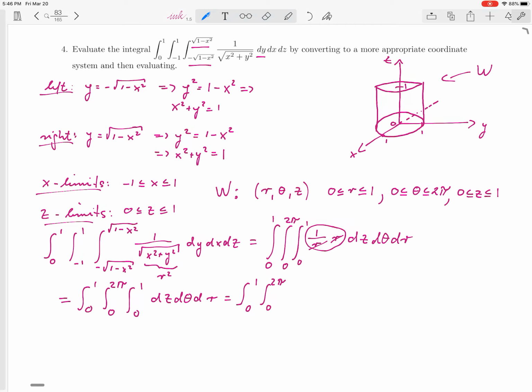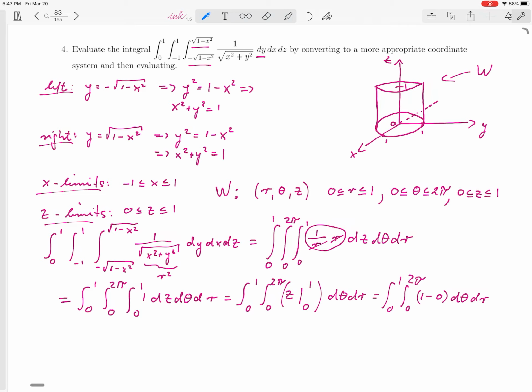When I integrate 1 with respect to z, I just get z, and my limits go from 0 to 1, so this is the innermost integral. Then I still have d theta, dr. And so here you see, when I plug in 1 and 0 into z, I just have 1 minus 0 d theta, dr. Well, that's 1.